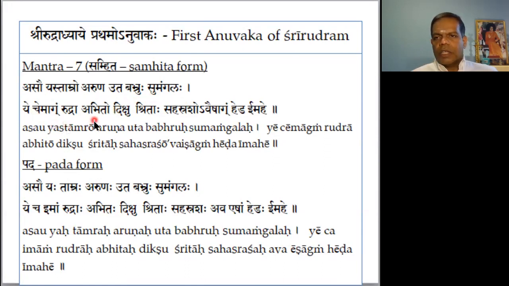This is again the fourth letter in the Pa-varga. Abhito. Dikshu. Again here the sh is with the tongue raised up. Dikshu. Shrita. Sahasra shovai. Shagum. Heda imahe. It's also a bit of a tongue-twisting mantra.